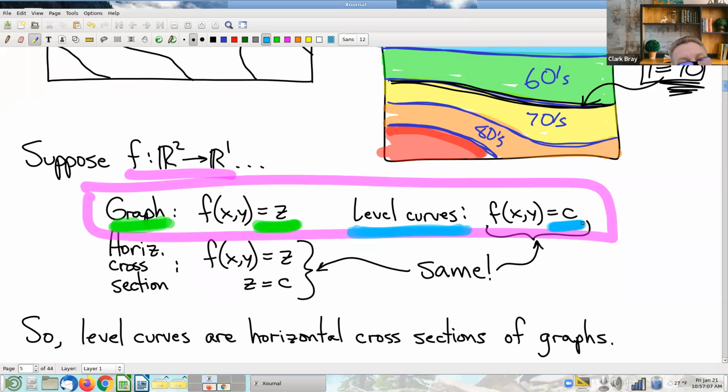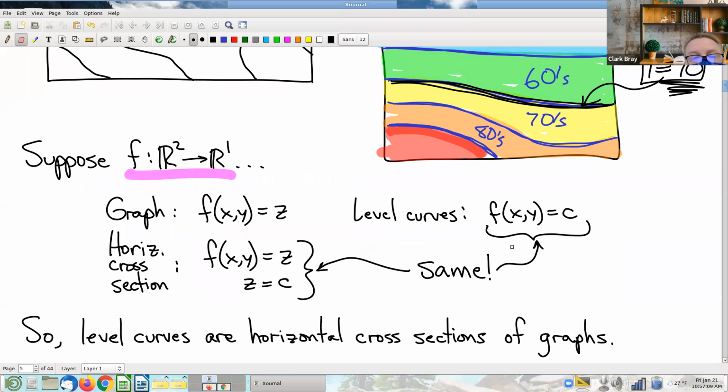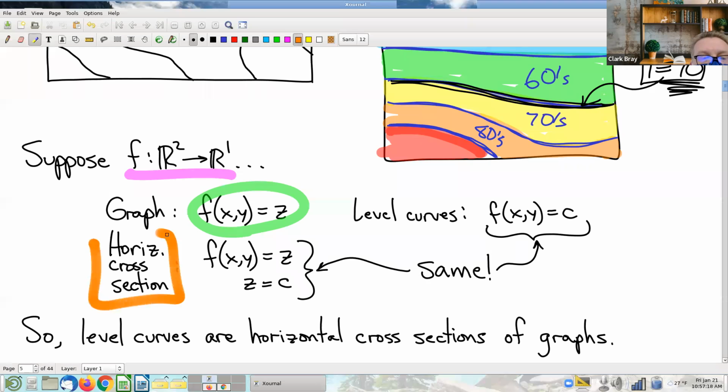The relationship between them, you can see when you think about what happens when you take a graph and you then take a horizontal cross section of that graph. Well, a horizontal cross section, it's a plane like this. And if you think about it, a horizontal cross section is where you're setting z equal to a constant.